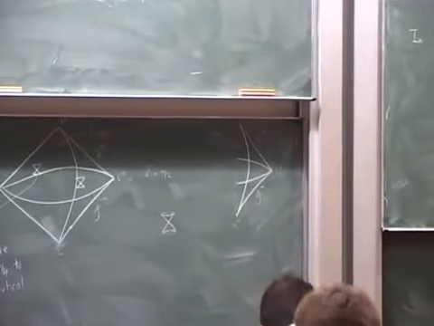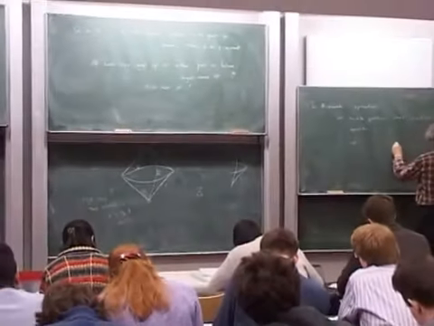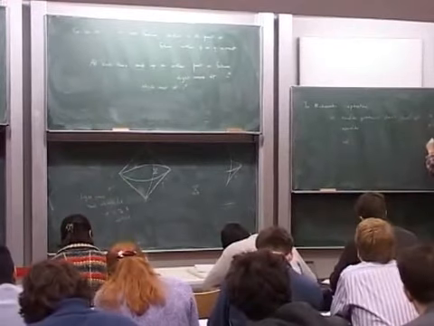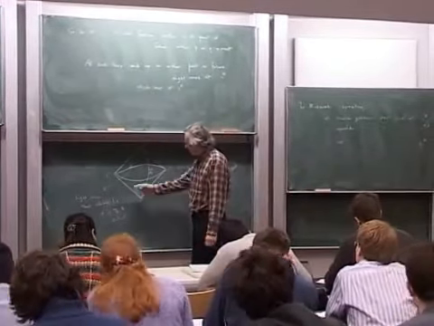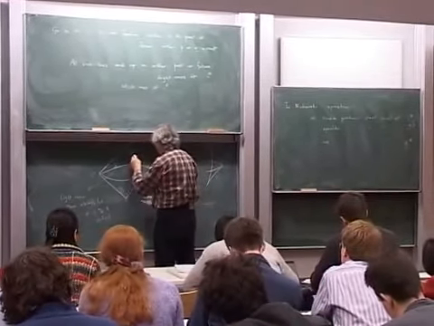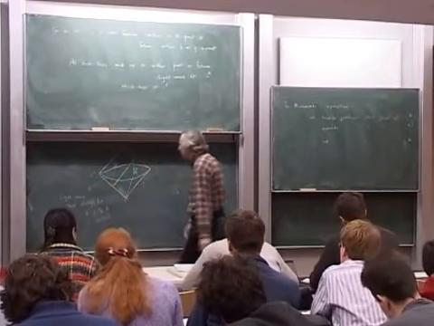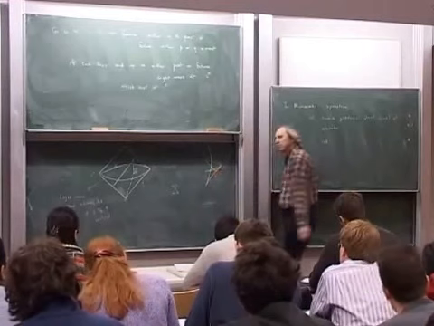And all null geodesics start and end on scri plus or minus. So that's here or here. So a typical such line, I'll draw in green. In this picture, it will look like that. And in this picture, it will look like that.